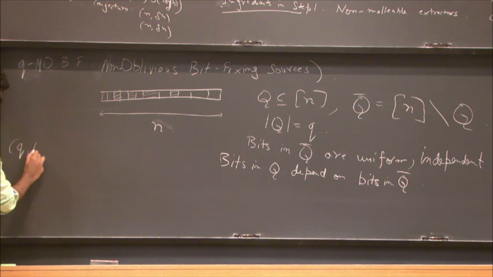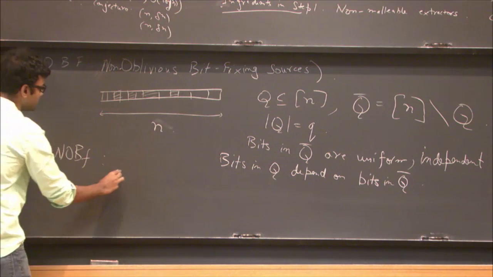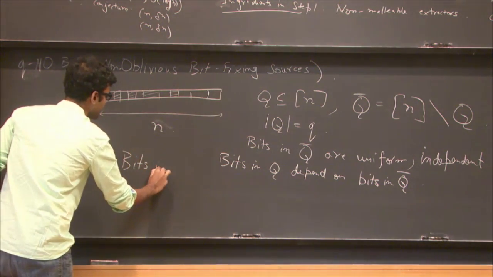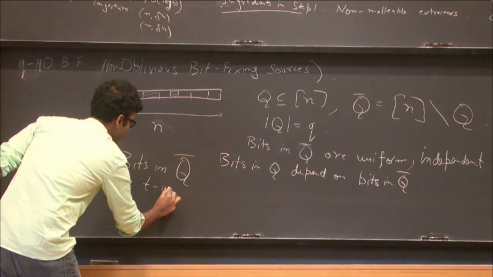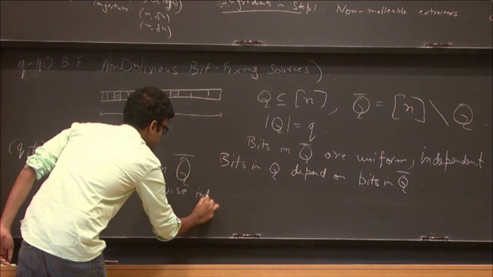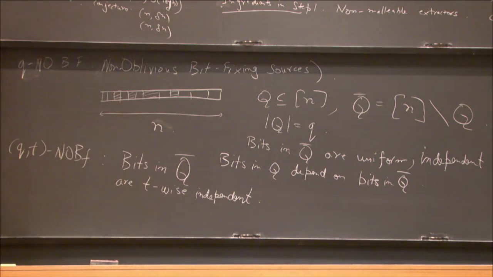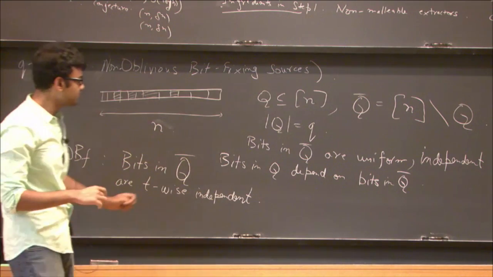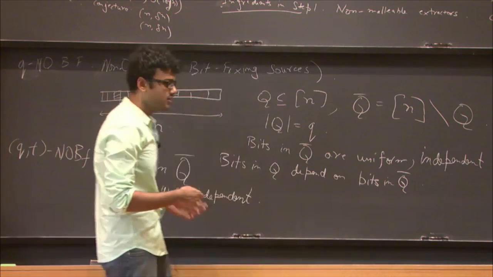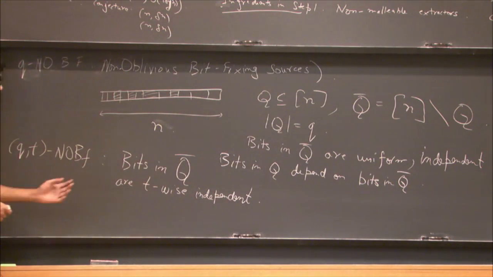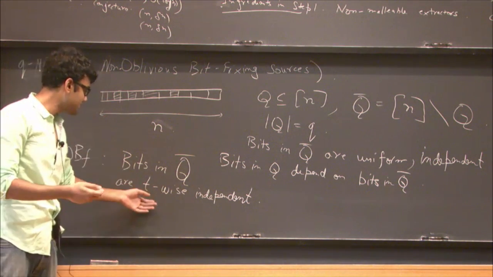Q comma T non-oblivious bit fixing sources are when the bits in Q bar are T-wise independent. So here we assume that the bits in Q bar are each individually independent and also uniform, but this places a weaker restriction on the good bits, that they're just T-wise independent.